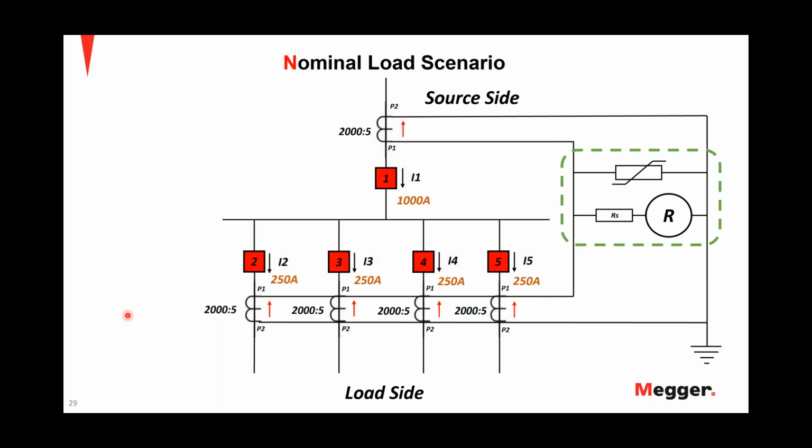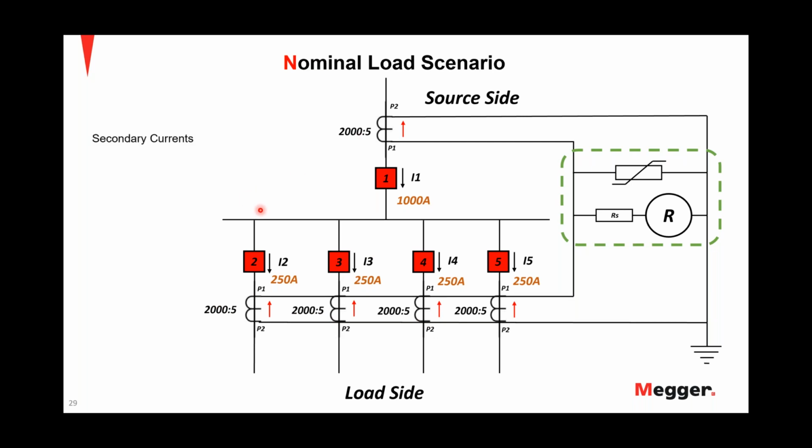So here I have shown a nominal load condition where I have the source side and the load side. The breakers are closed. You can see the 1000 amp current flowing through the main, and the feeders are drawing an equal amount of current, all 4 feeders. You can observe that the CT ratios are all the same in the scheme, like we discussed before.